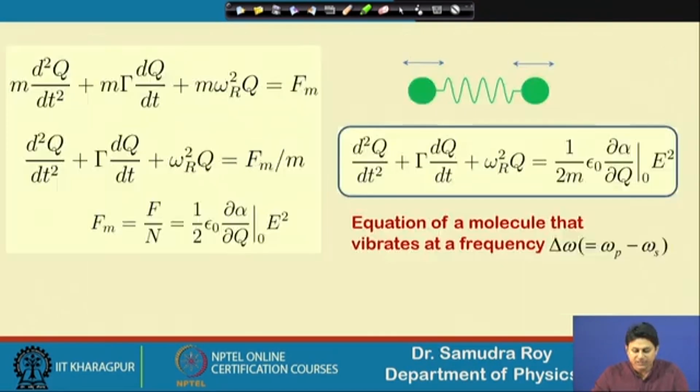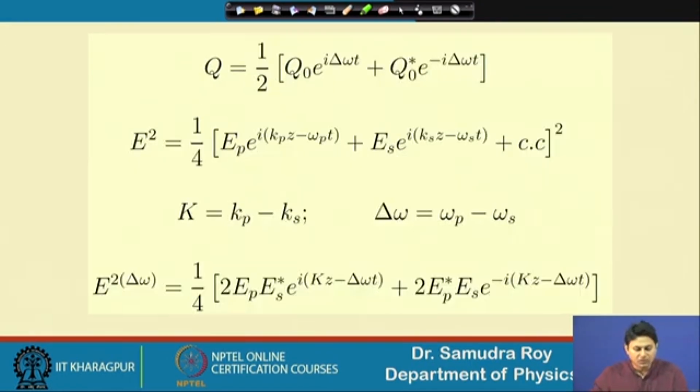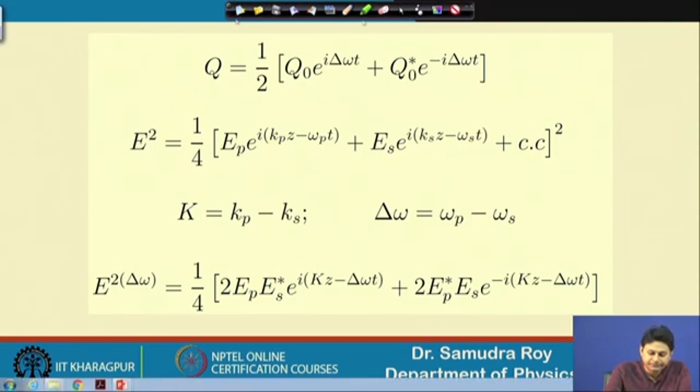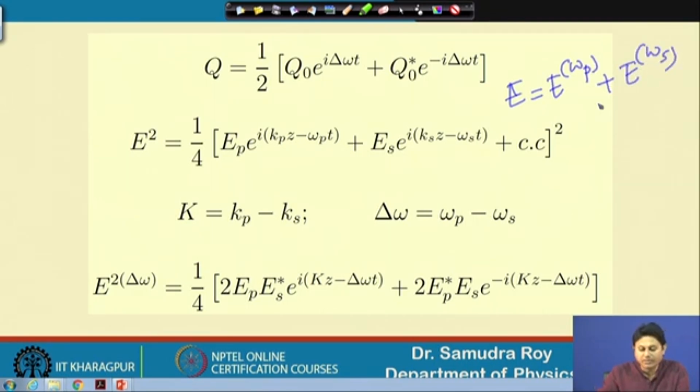Also the E squared information is important, because in the right hand side we have the E squared term, which is a force term. E squared is the square of the total field, where E is E of ω_p plus E of ω_s. When I square that and write the explicit form of E of ω_p and E of ω_s, we will get this term.